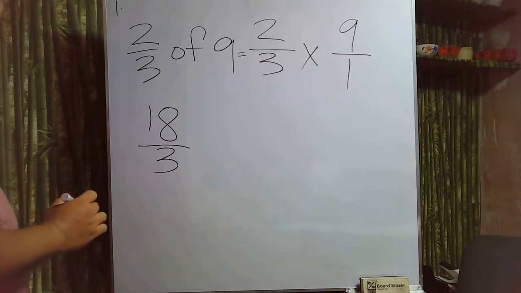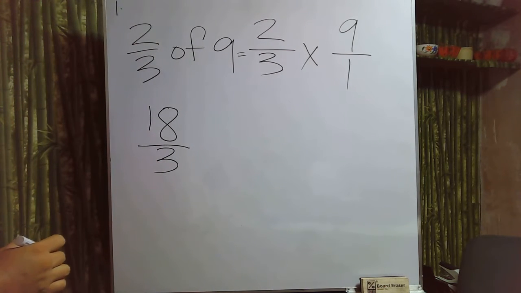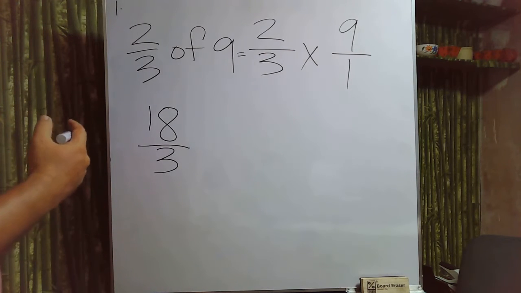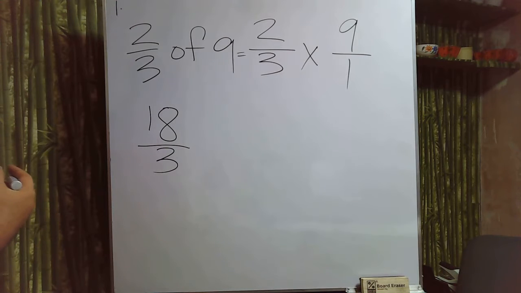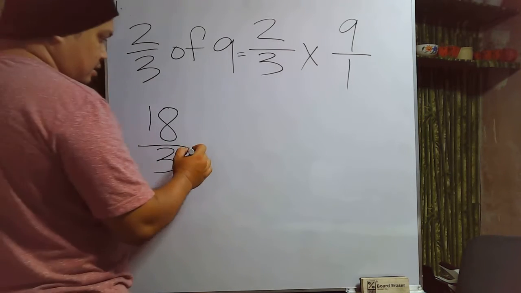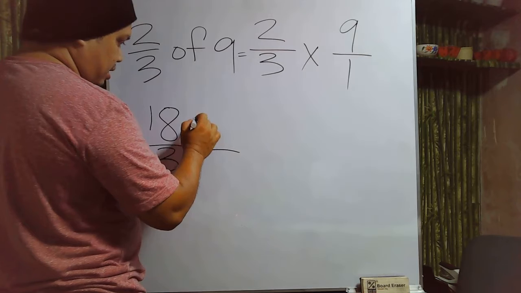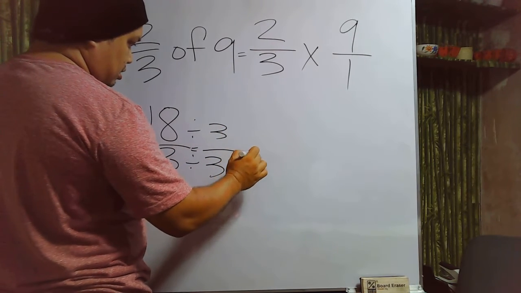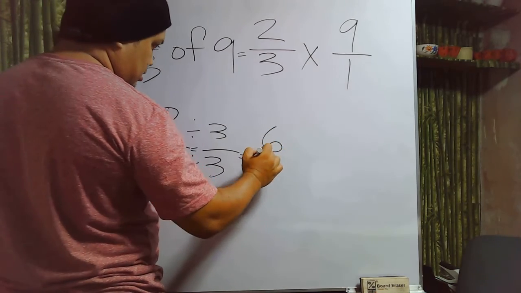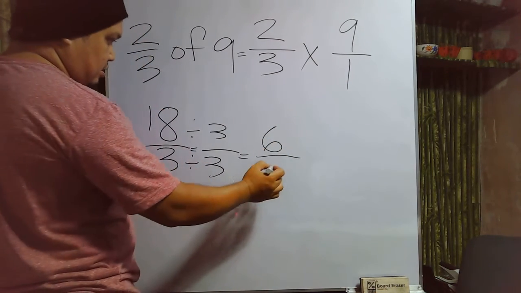All answers must be in their proper form, in their lowest terms, or we must simplify. We can still simplify this because 18 can be divided by 3 and 3 can be divided by 3 also. 18 divided by 3 is 6, and 3 divided by 3 is 1.